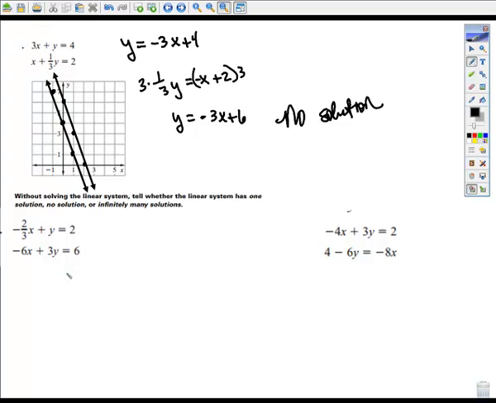In some cases, they're going to say, without solving the system, so don't solve it, they want to know, is there one solution, no solution, or infinitely many solutions? So I want you to go ahead and write this down. If they have the same slope, different y-intercept, then they have no solutions.